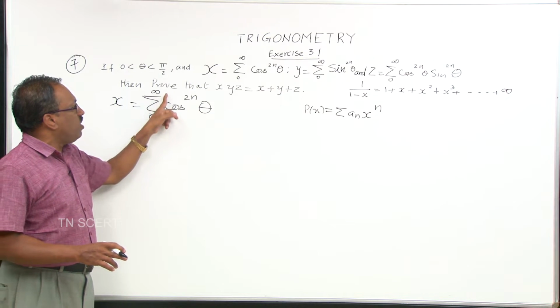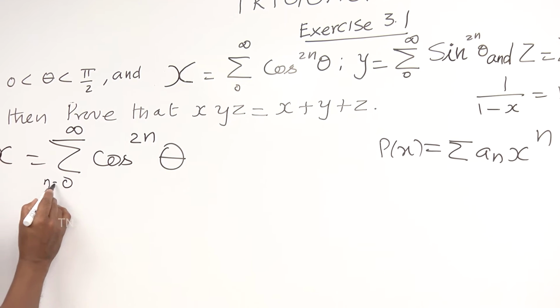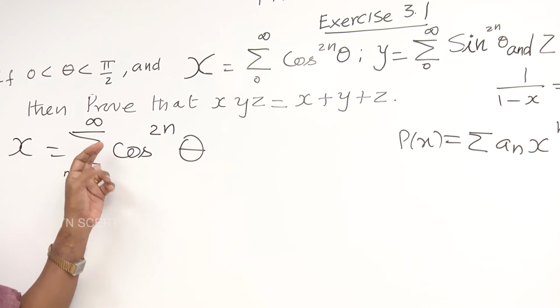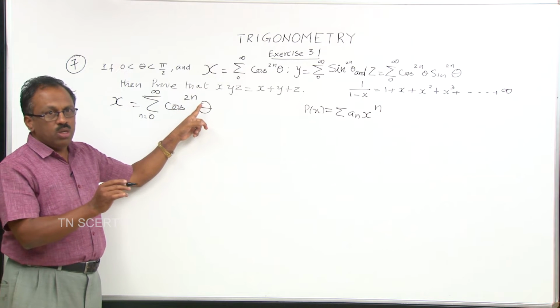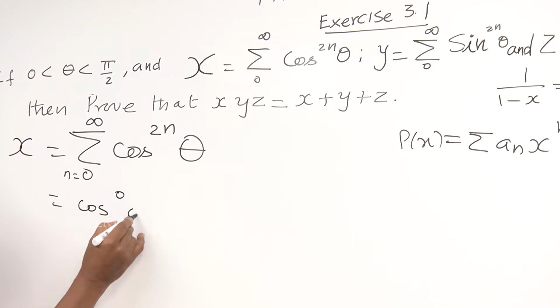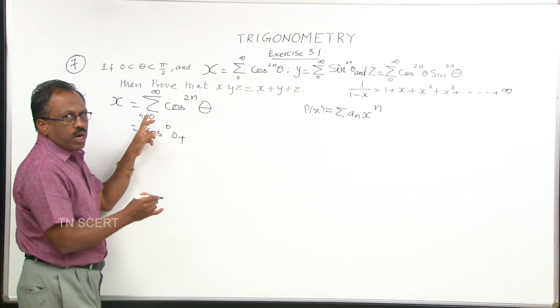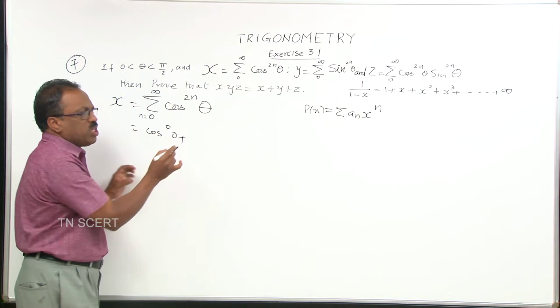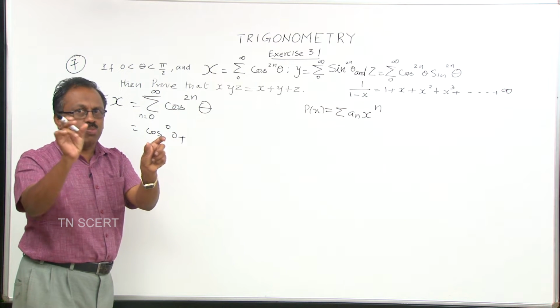Summation from 0 to infinity means we are going to apply n values starting from 0. Put n equal to 0 for the first term: cos power 0 theta. Then n is equal to 1. Summation means each one after that, plus plus plus.